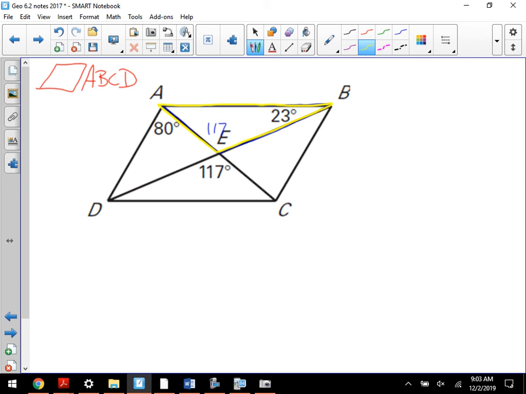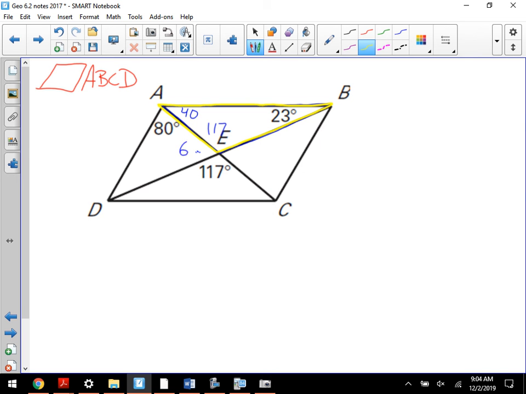How many degrees are left for that angle EAB? 40. Now, I can go to this side because 117 and that angle have to be supplementary. So what's the supplement to 117? 63.